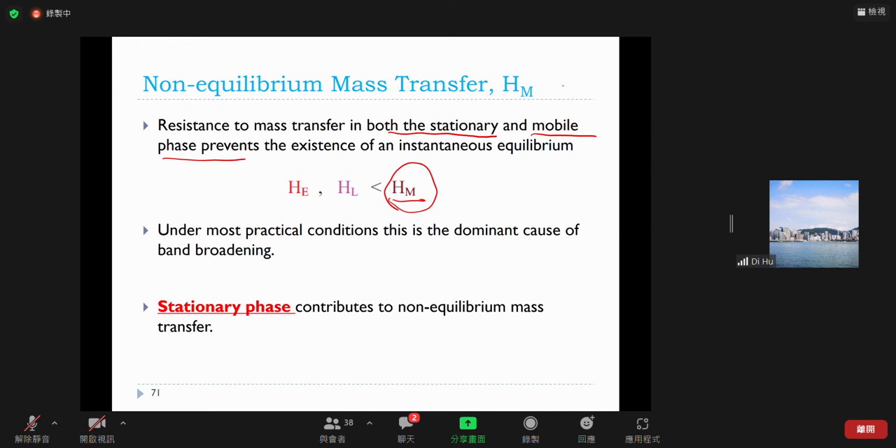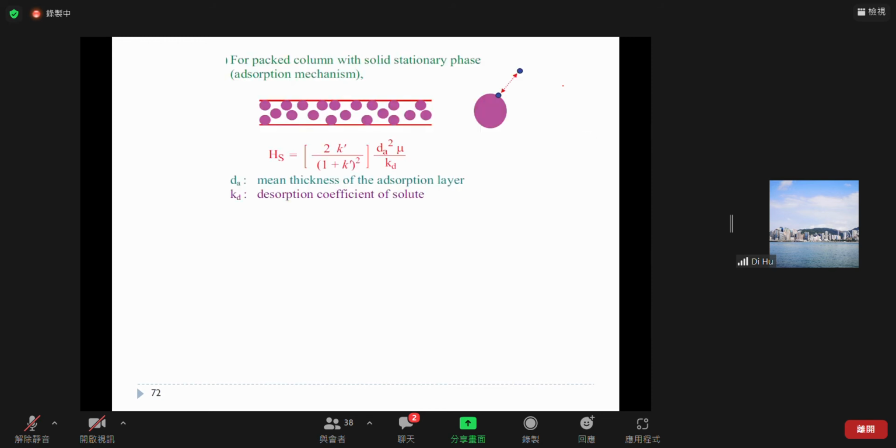Now let's look at the stationary phase. As we mentioned a little bit already last week, there are two types of LC.